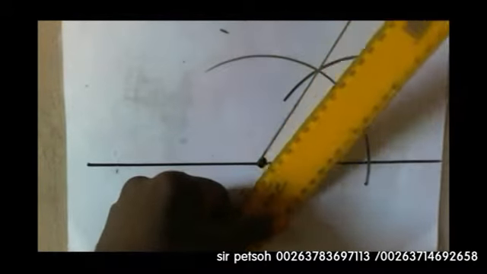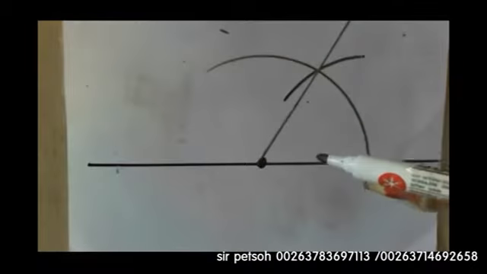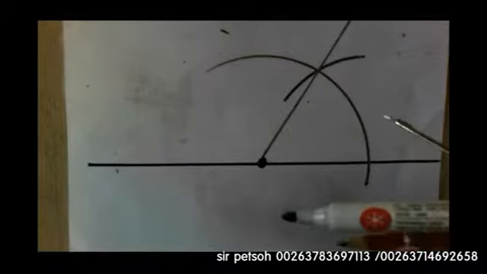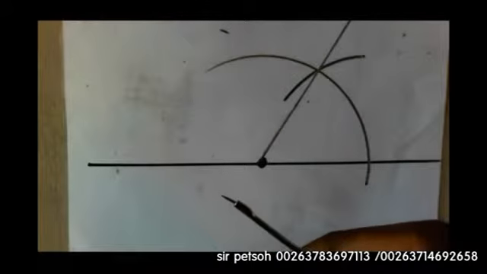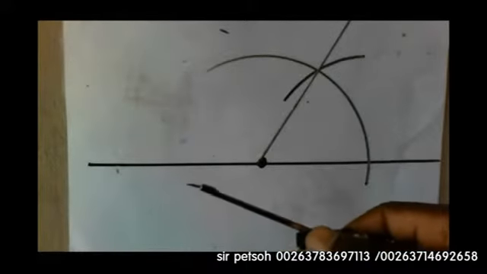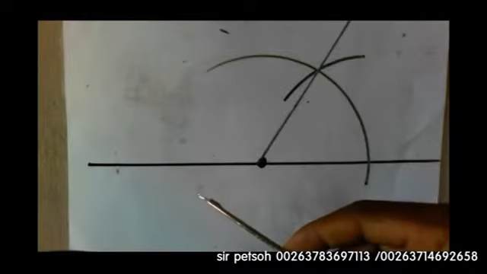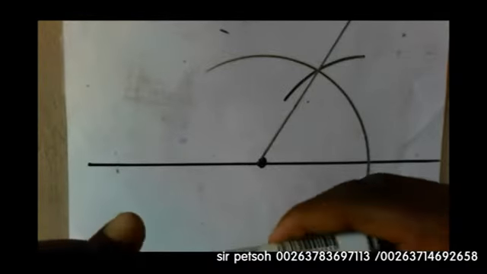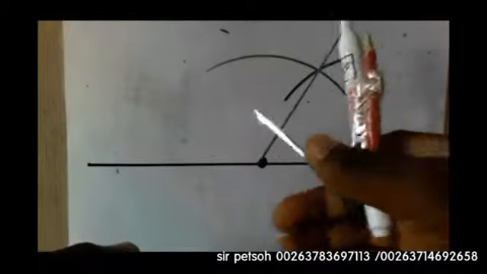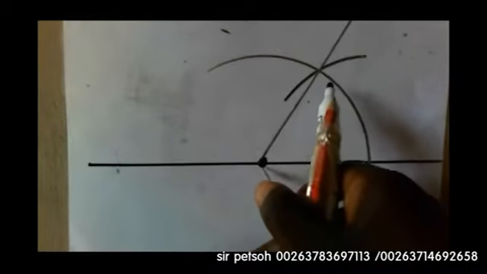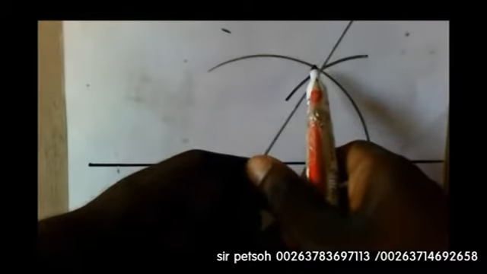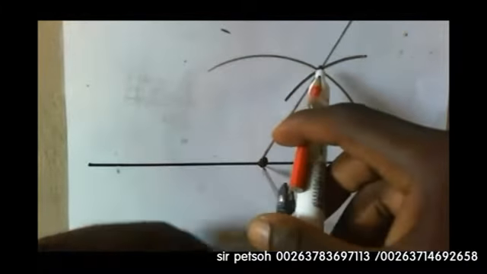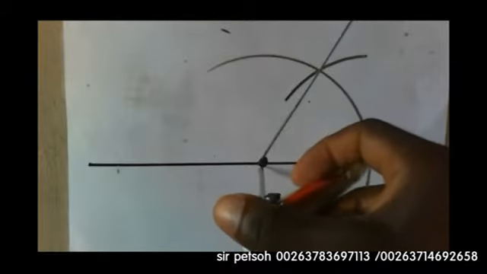This is 60 degrees, but we want to construct an angle of 30 degrees. So for us to construct 30 degrees, we bisect 60 degrees. Come to this point, draw an arc which cuts the two lines forming this angle.